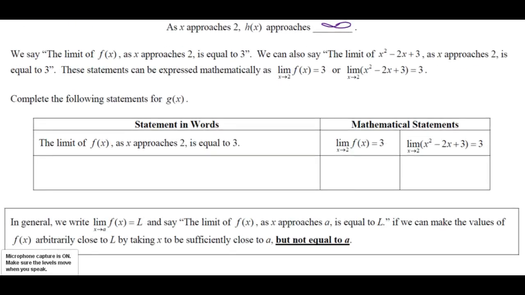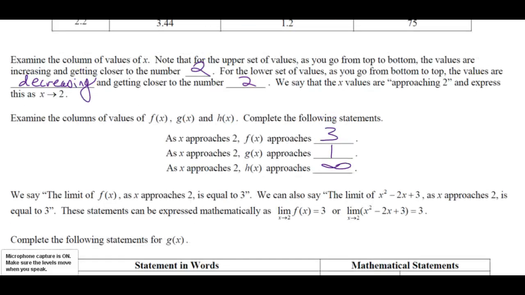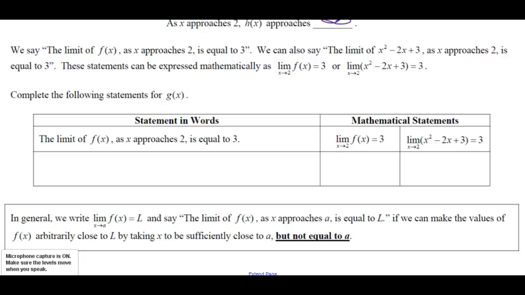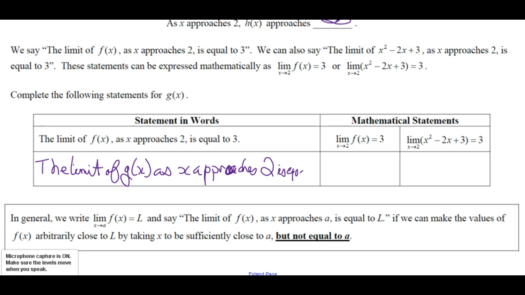So can we complete this for g of x? In words, what do we say for g of x? The limit of g of x as x approaches 2 is equal to 1, right?